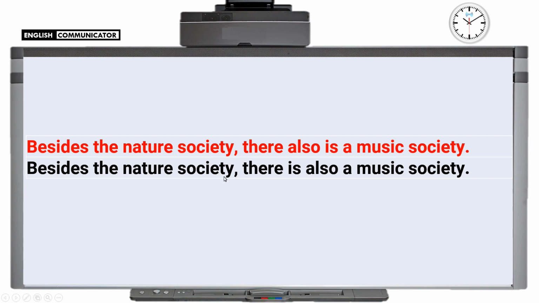You say there is also a music society. There also is definitely looks wrong, okay? So again, for your understanding, I repeat this sentence: there is also a music society.